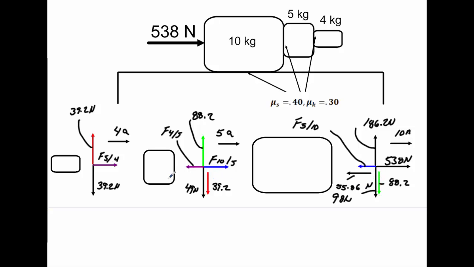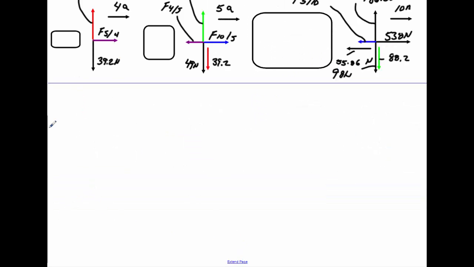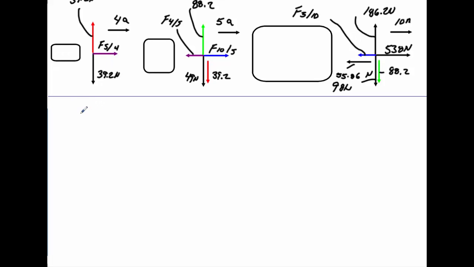Alright, so we have everything drawn. We have all our force diagrams, including our mass times acceleration. All we have to do at this point is write up our equations. We'll look at the first one first. The summation of forces in the x direction must equal the mass times the acceleration in the x direction. Those are vector quantities.